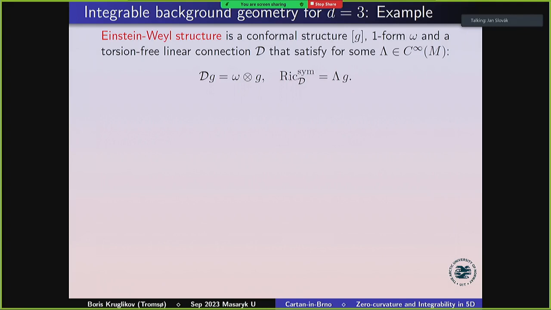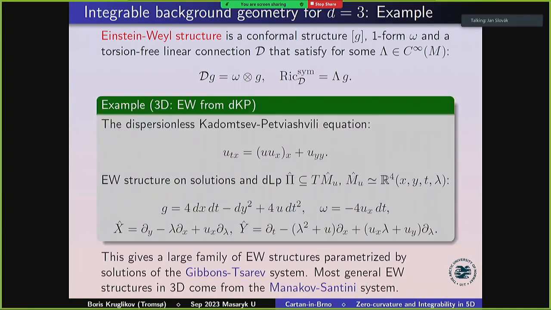And if we have this, then we can compute the Ricci tensor of this connection. Its skew-symmetric part is proportional to d omega. It's not the interesting part, but the symmetric part is interesting. If we write the equation as proportional to g, with a function, not constant but in general a function, then that's a constraint called the Einstein-Weyl condition.